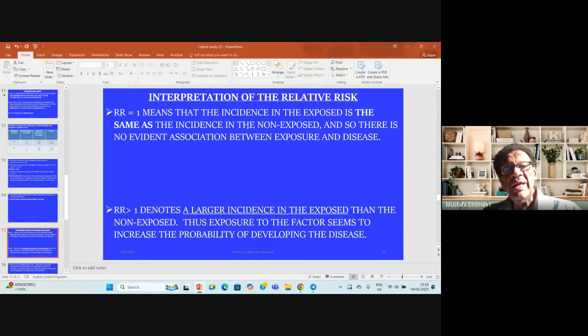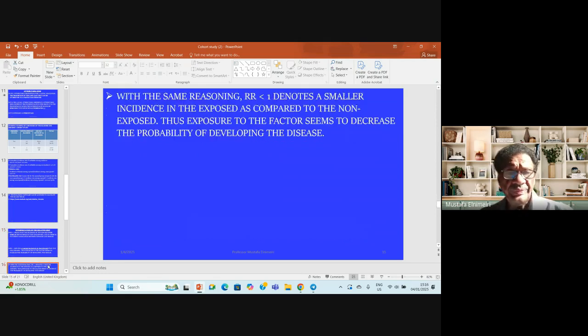For example, if the relative risk is equal to 1, this means that the incidence in the exposed is the same as the incidence in the non-exposed, and so there is no evidence of association between exposure and the disease. If the relative risk is greater than 1, this denotes a larger incidence in the exposed compared to the non-exposed, and thus exposure to the factor seems to increase the probability of developing the disease.